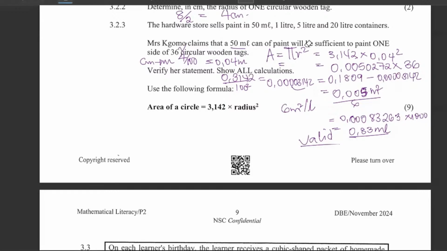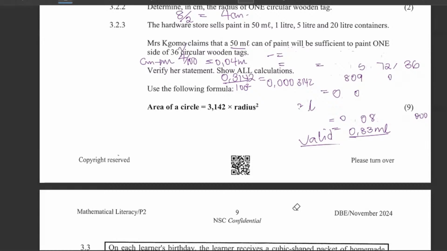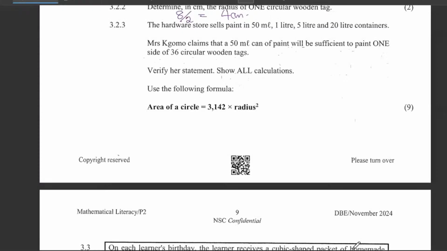Let me see the other way around. Or the other way around, you would have said area of that circle there, which was supposed to be pi r squared, which is times 4.